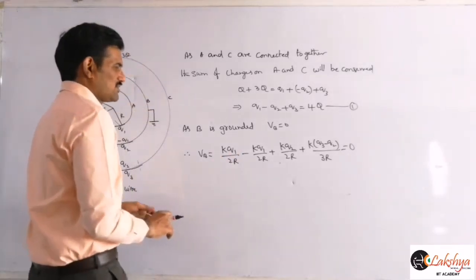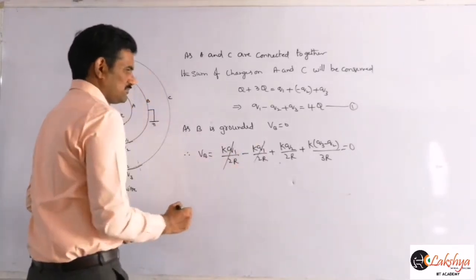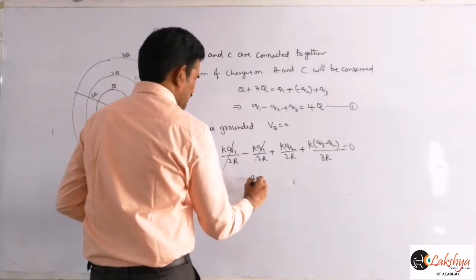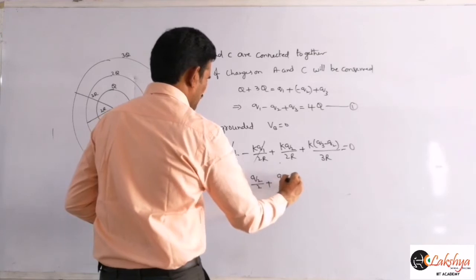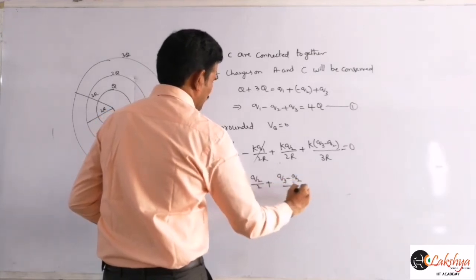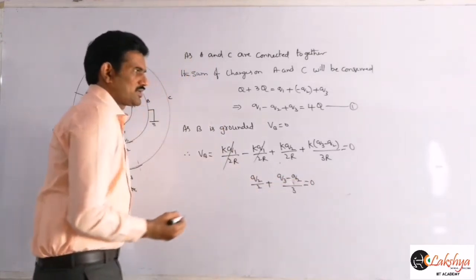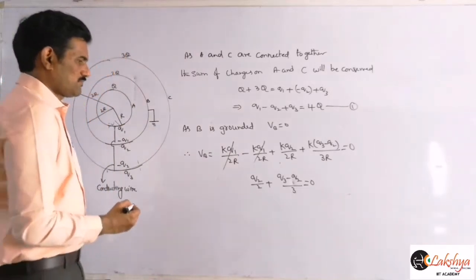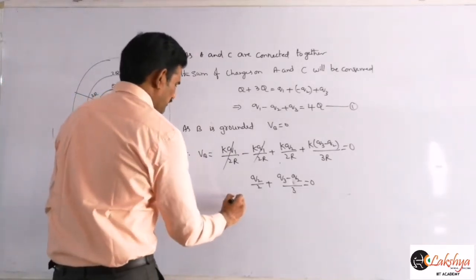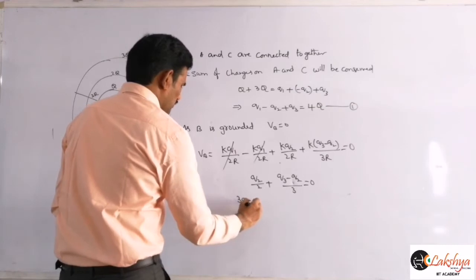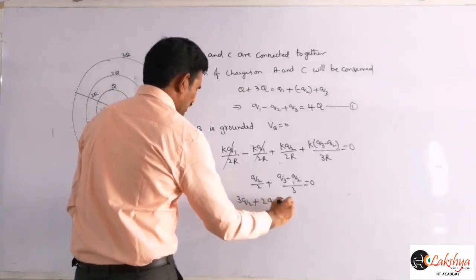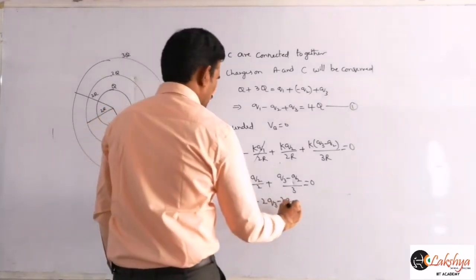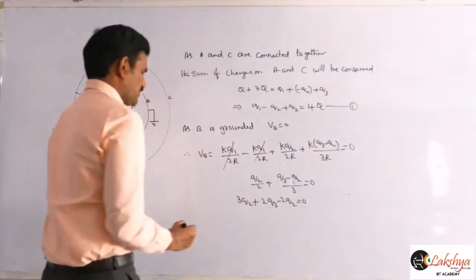So I can write this as, these two terms will be cancelled. So here it is Q2 by 2 plus Q3 minus Q2 by 3 is equal to 0. Let us take an LCM and simplify that. So I can write this as 3Q2 plus 2Q3 minus 2Q2 is equal to 0, right?